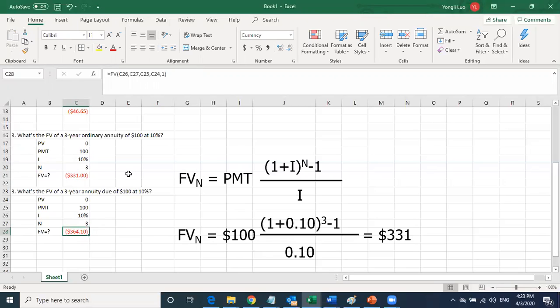There is a logic here. If you take the ordinary annuity times 1 plus the interest rate, it will give you the annuity due.